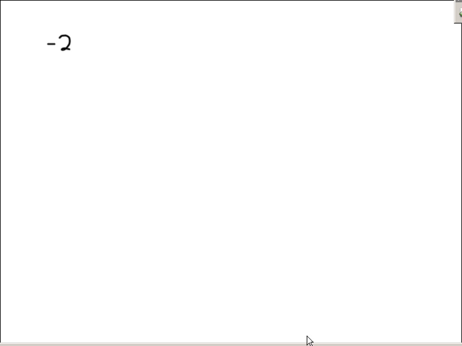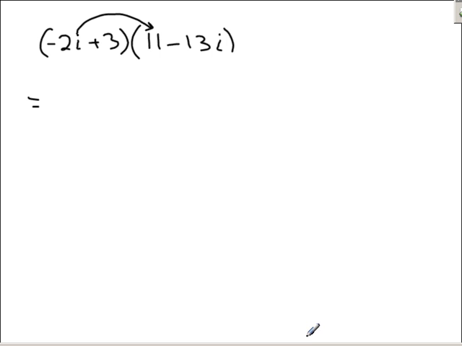We have negative 2i plus 3 times 11 minus 13i. So you multiply. Negative 2 times an understood positive 11, that's negative 22i. You multiply that. Negative times negative is plus. 2 times 13 is 26.